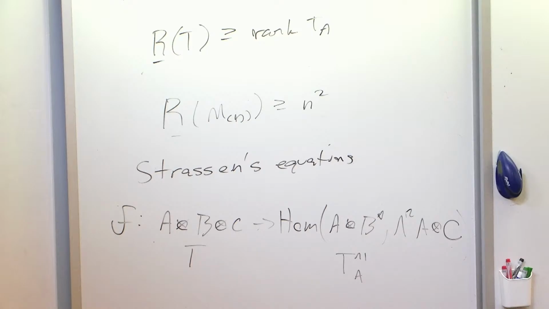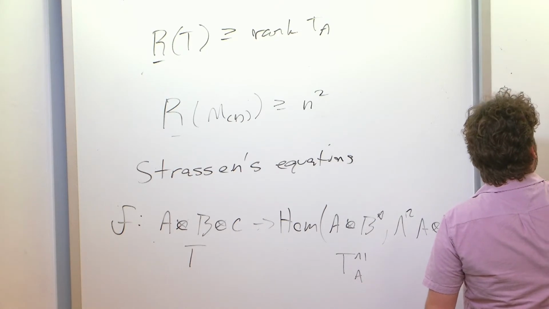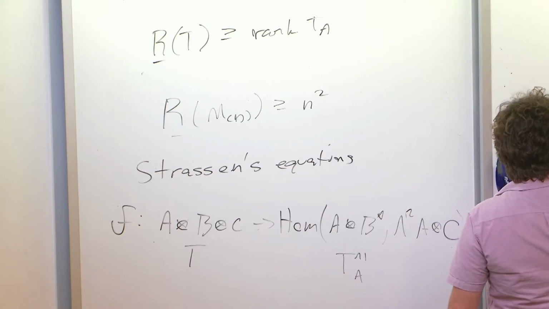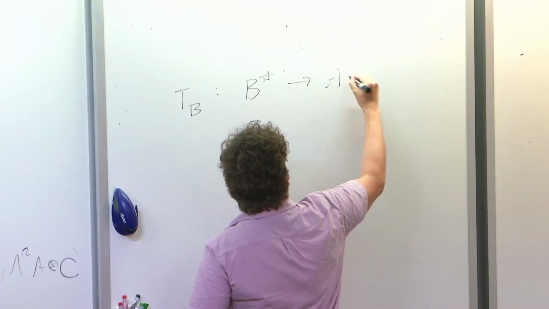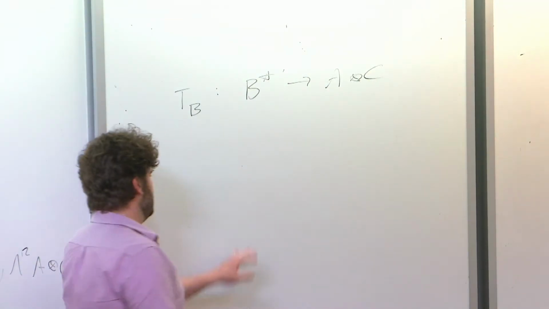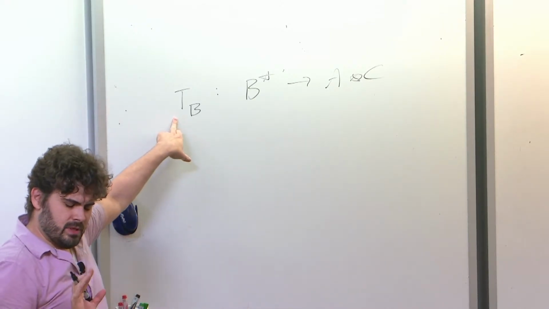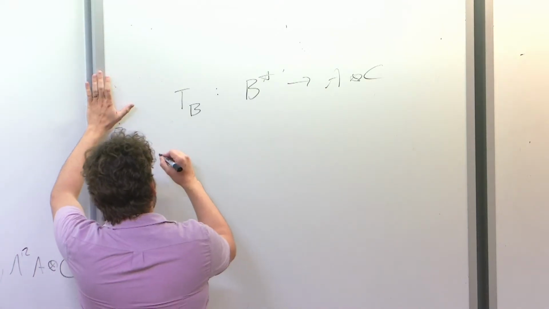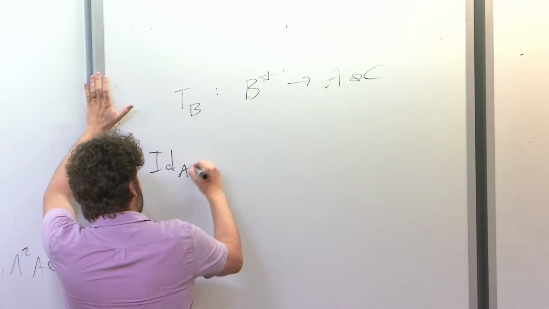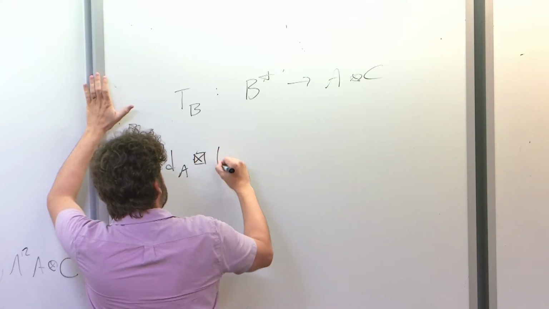So how do we construct this map here? First I'm going to take the ordinary flattening, T_B, from B dual to A tensor C. First step of the construction. Then I'm going to take the Kronecker product of this matrix with the identity map on A, the Kronecker product written with a box times, with T_B.